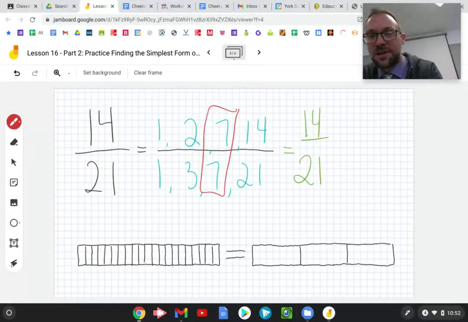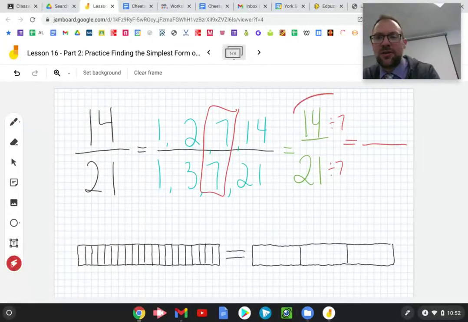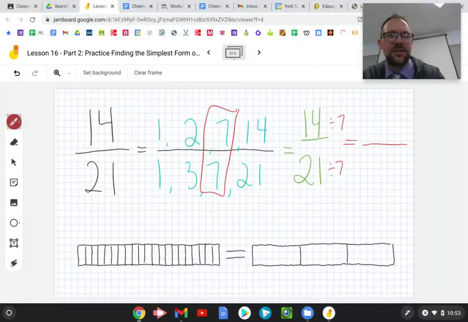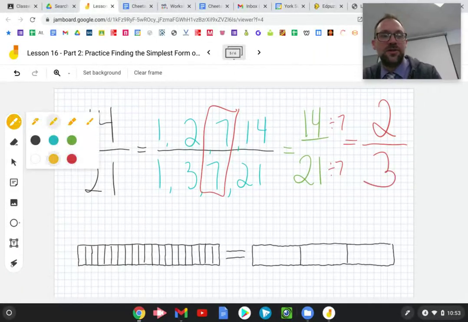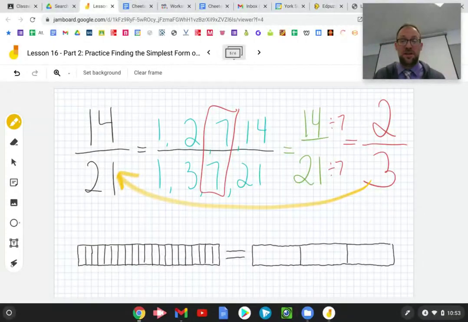All right, so 14 divided by 7, 21 divided by 7. Let's go ahead and do each part separately. The numerator, 14 divided by 7, is 2. And the denominator, 21 divided by 7, is 3. And so we just learned that 2/3 is the simplest form of 14/21.